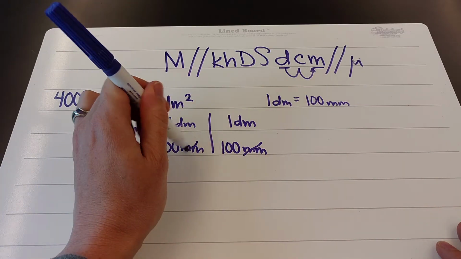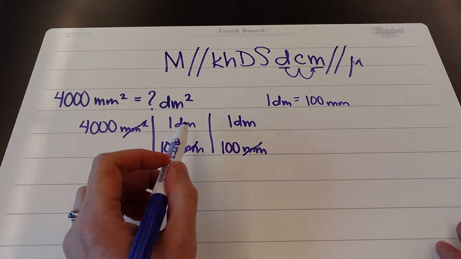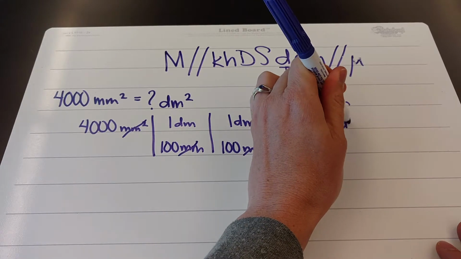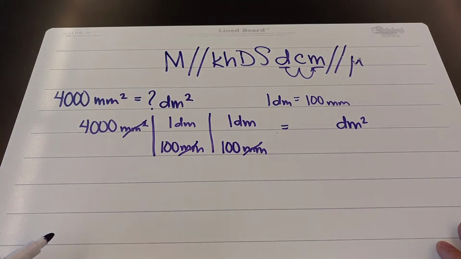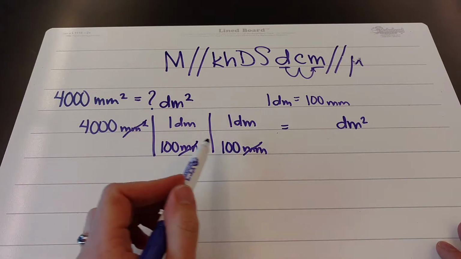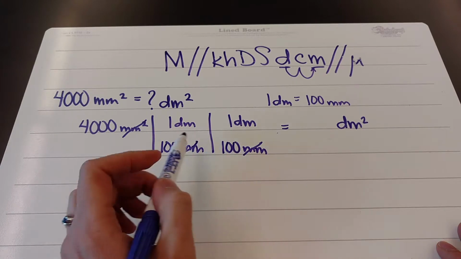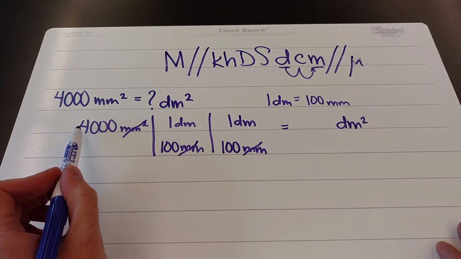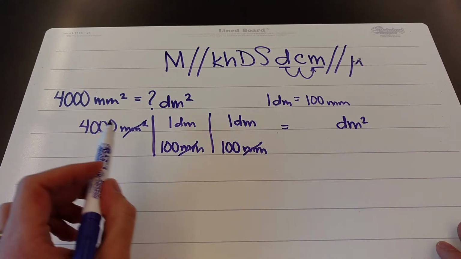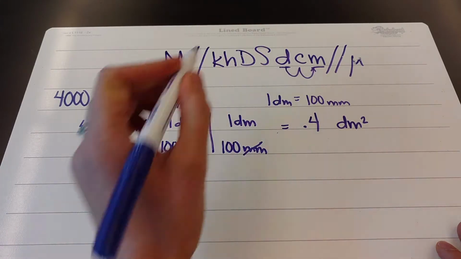So these two together will take out that millimeter squared at the top. And what that leaves us with is decimeters times decimeters, which is decimeters squared. Then I just do some math. 4,000, and these are both on the bottom, so we're dividing. Divide by 100, divide by 100. Don't make the mistake of doing 4,000 divided by 200, because there's two 100s. Don't do that. Divide by 100, divide by 100, and you're going to end up with 0.4 decimeters squared.